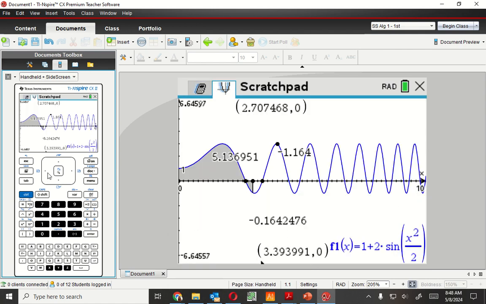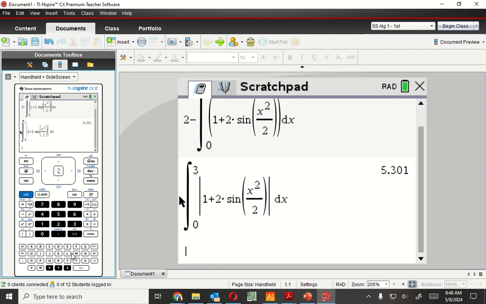Or I could look at my graph again. So 5.1369 or minus my negative.